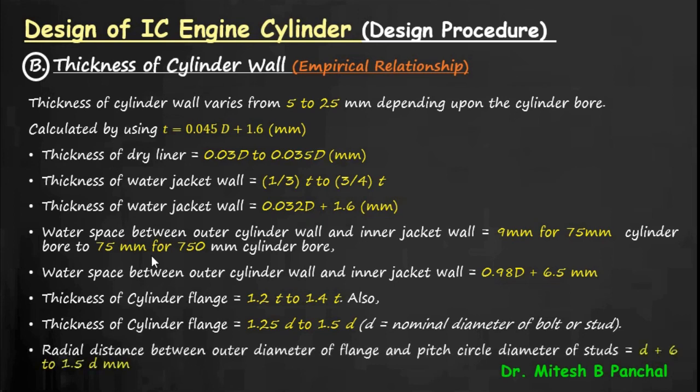Yes, so these are the empirical relationships based on the values t, capital D and L, to estimate the different thicknesses, like thickness of cylinder flange, thickness of water jacket wall, right? We can estimate based on these empirical relationships.